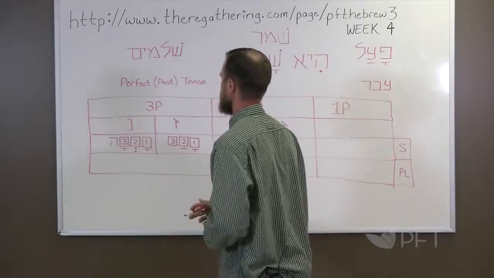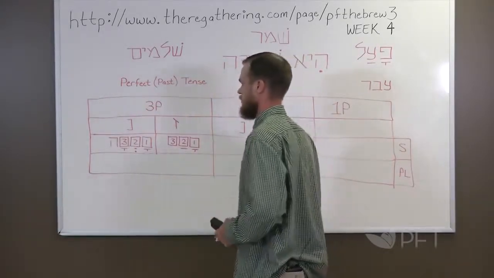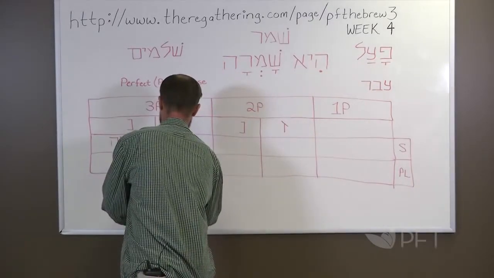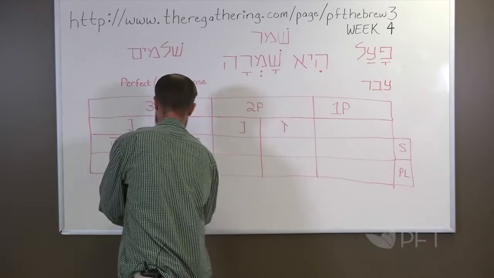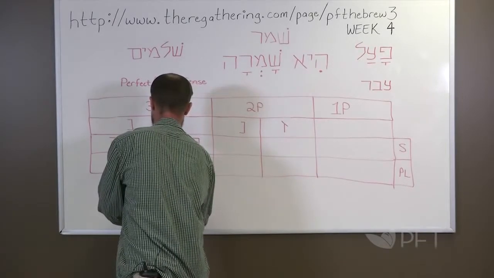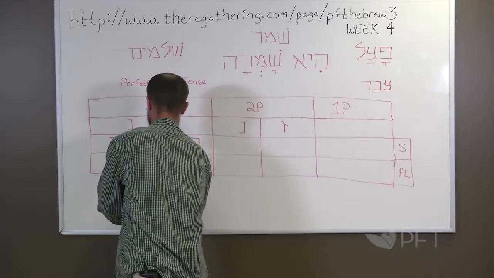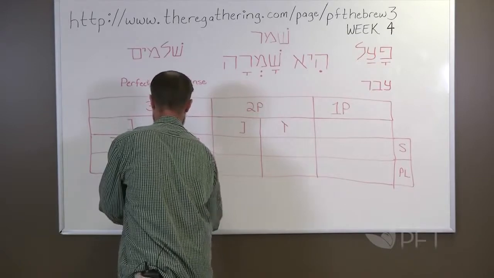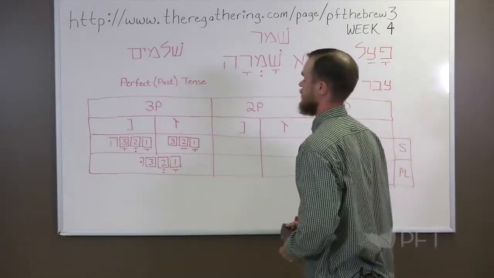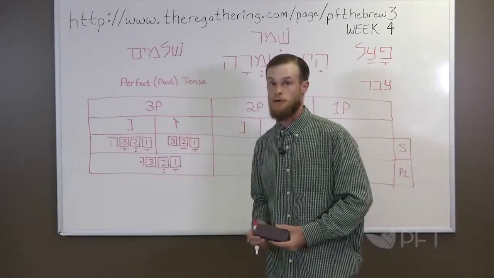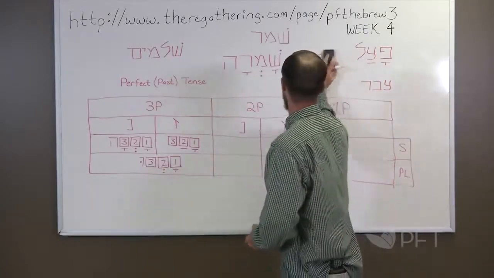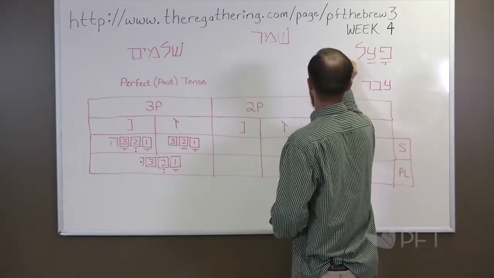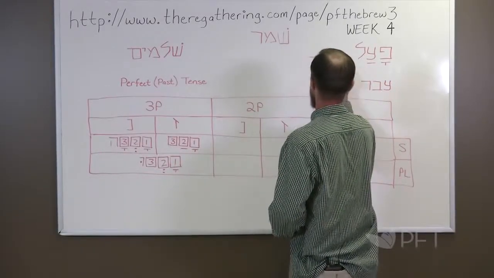Now, in the past tense, third person plural, there is again no distinction between masculine and feminine. Okay, so to say they kept, because they is the third person plural pronoun, they kept. Hem would be the masculine and hen would be the feminine.